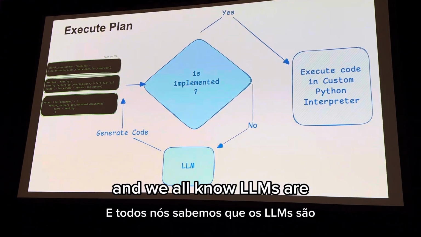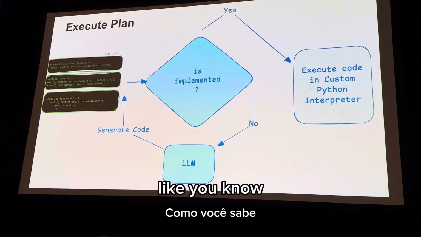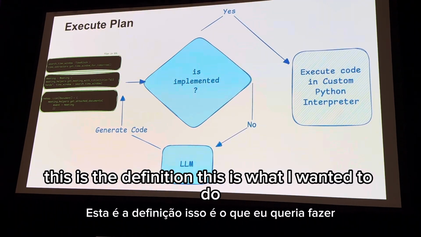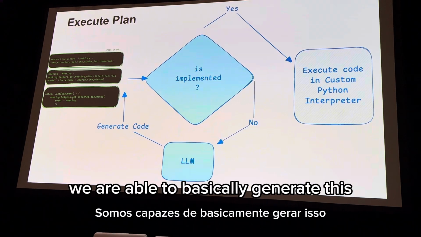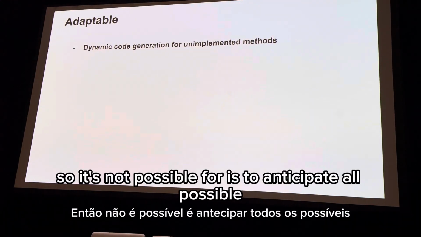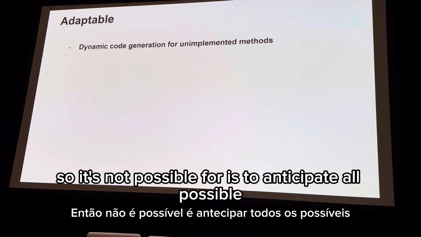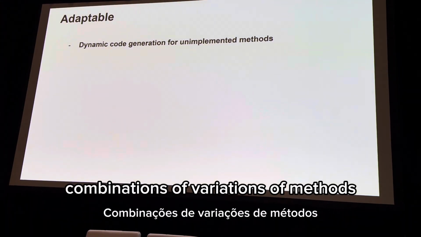We all know LLMs are good at writing code in limited context. If we give it the definition and what we want it to do, we are able to generate this. It's not possible for us to anticipate all possible combinations or variations of methods.